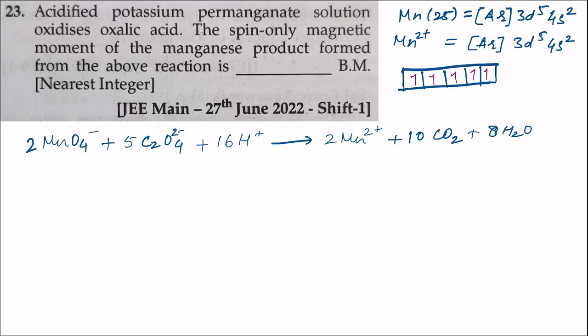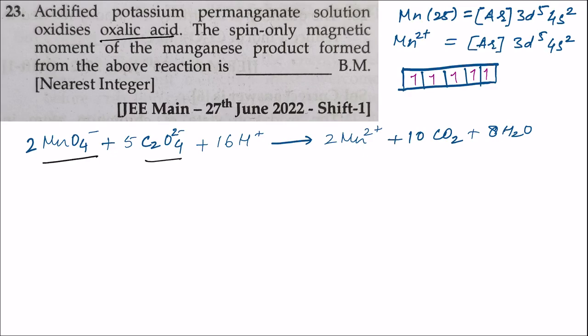Acidified potassium permanganate solution oxidizes oxalic acid. The spin-only magnetic moment of the manganese product formed from the above reaction is dash Bohr magneton. Now the reaction is potassium permanganate gives permanganate ion, oxalic acid gives oxalate ion.